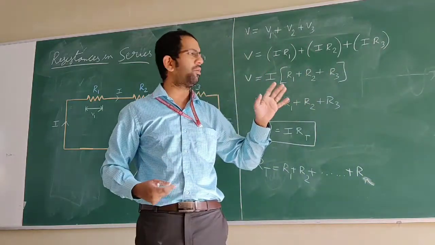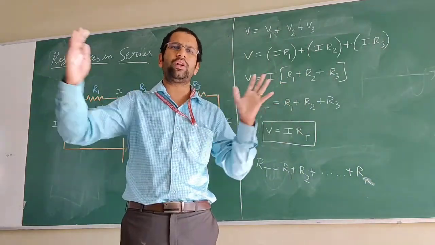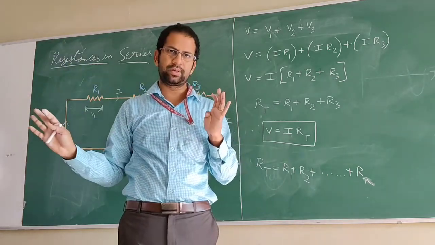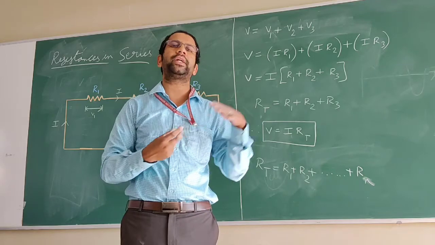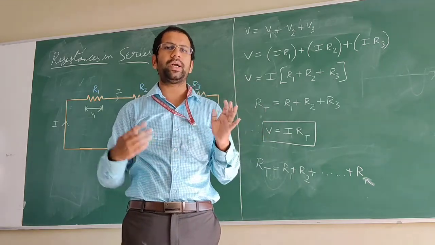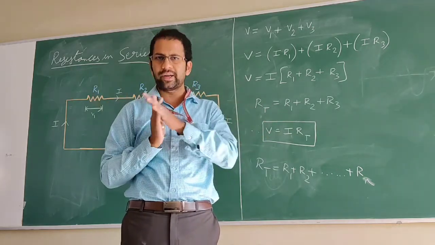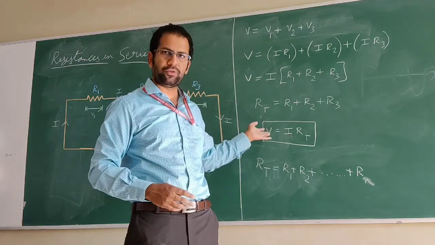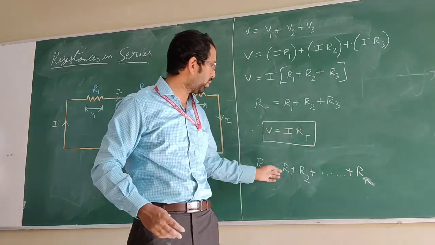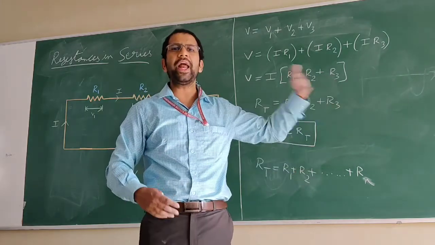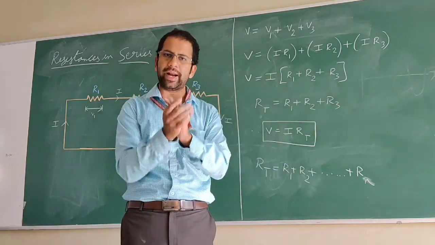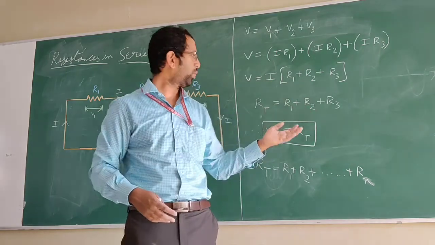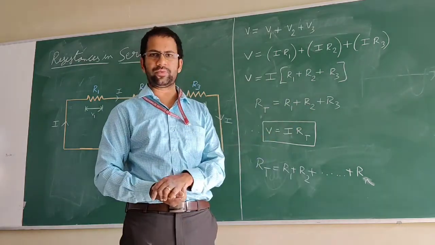So when, let's say, 100 resistors are connected in series, and they give you the voltage and tell you to find the current, what you have to do is add all the values of the 100 resistors and substitute in V is equal to I into RT. RT is equal to R1 plus R2 till Rn. All the resistors are added together, you get the total resistance of the circuit, and you can measure whatever you want.